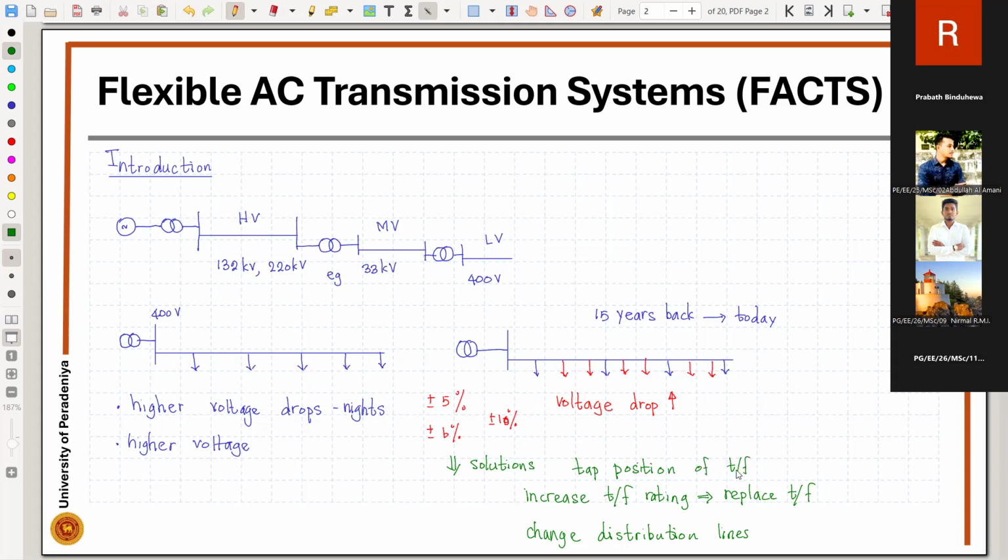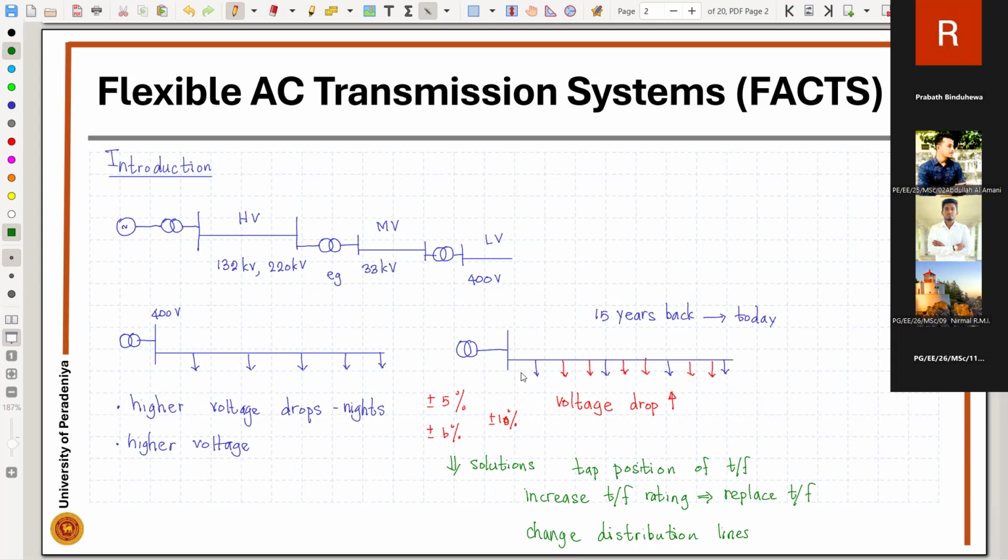But Chanaka, the change in the tap position, through that we can get limited results, isn't it? Because when you are trying to change the tap position, basically you are changing the voltage at the starting point of the distribution network.